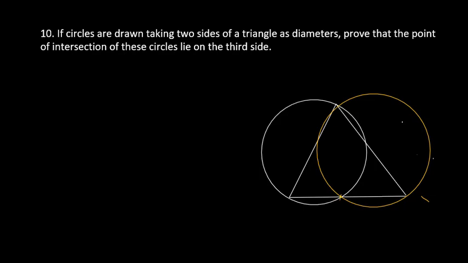So let us consider this as triangle ABC, and AB and AC we have taken as diameter and drawn two circles. So in the given, they are intersecting, say, here at point D. I have to prove that this point D is on side BC. Okay, so here what is given?